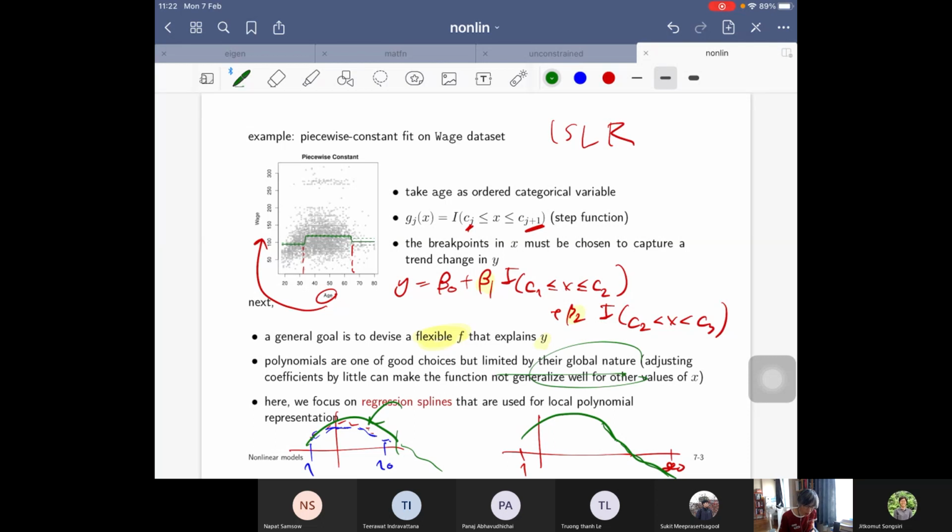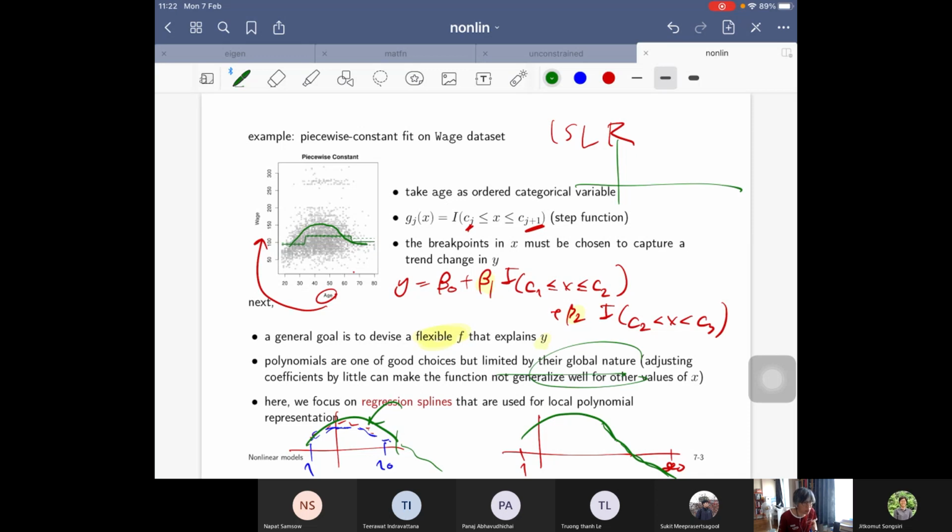So that's why in this chapter we take the approach that we want to develop flexible models, but this flexibility comes from the fact that we're going to chop the interval of x into pieces. Looking at this curve, you kind of see the overall trend.